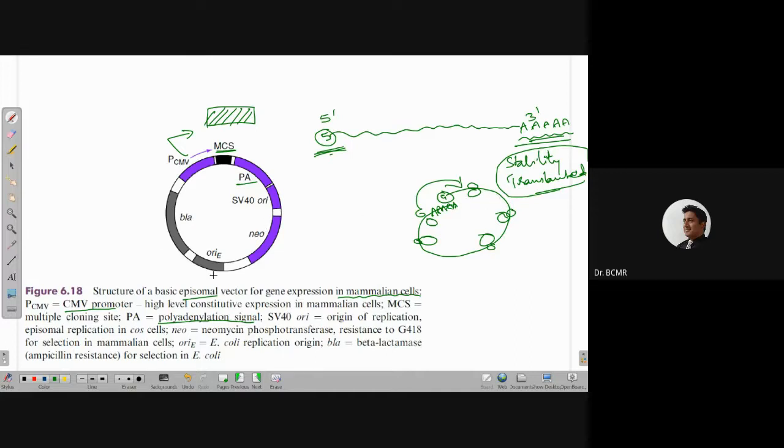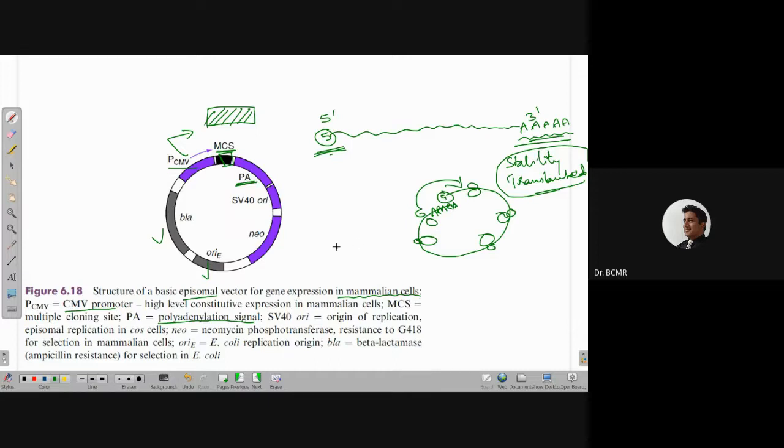So we know about the EcoR1 origin of replication, beta lactamase. Then the cytomegalovirus promoter, which is a strong promoter, will express whatever gene we may have cloned in the multiple cloning site. And the mRNA should end with a polyadenylation signal, so we have put that in there as well.